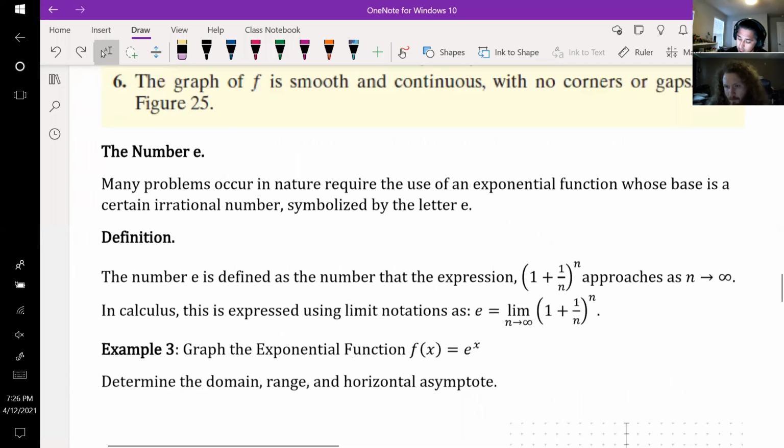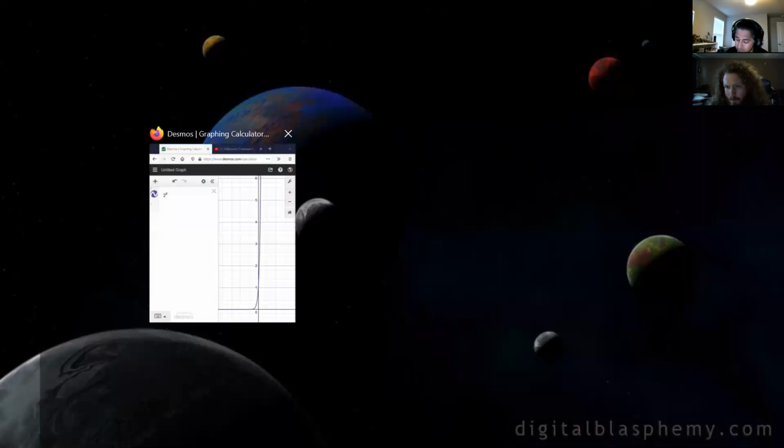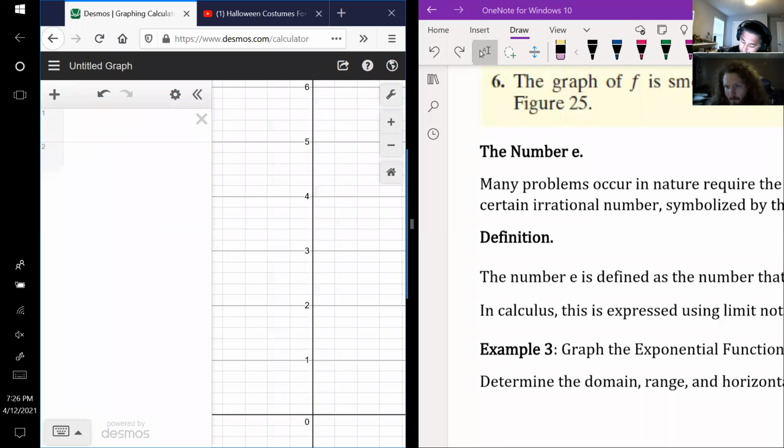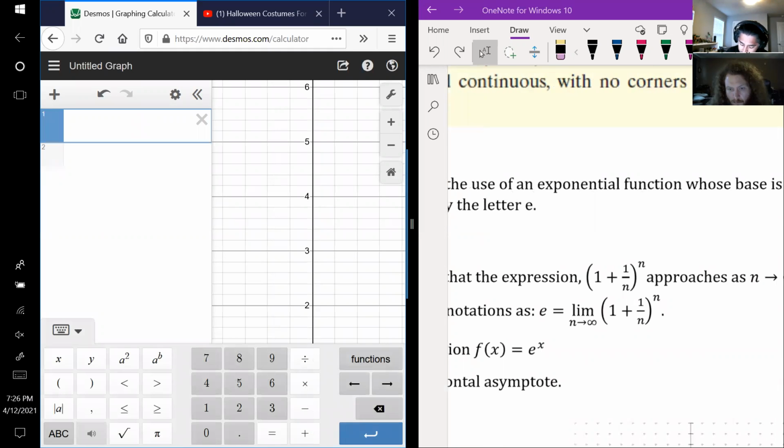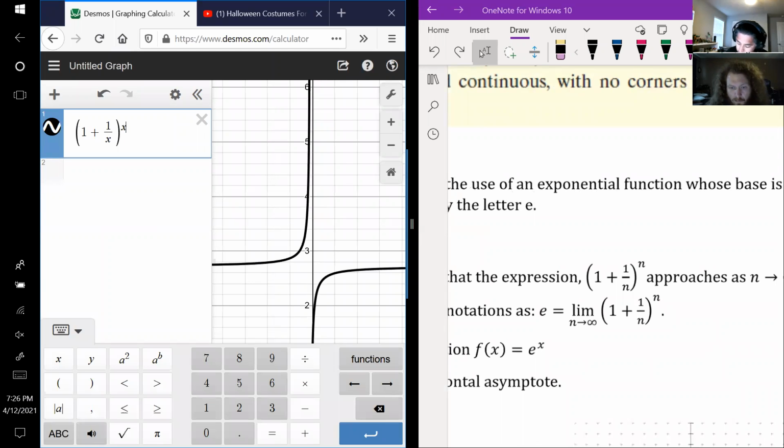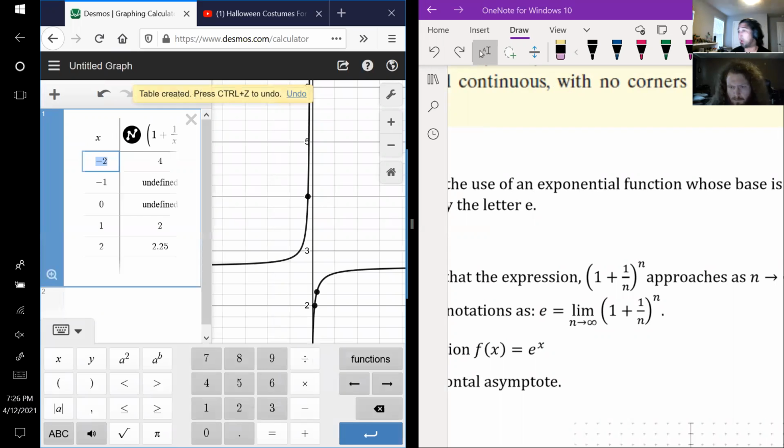We have the time. So I'm going to type this expression into Desmos. We have parentheses 1 plus 1 over x, raised to the x. And then we are now going to use my table, and I'm going to pick numbers that get infinitely larger.